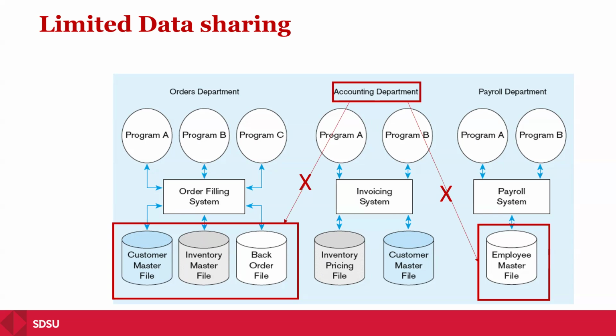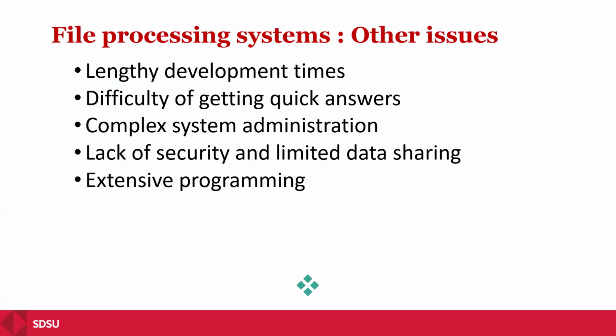So the accounting department needs to maintain their own version of the master file. Same for the back order file. If the accounting department needs back order files, they will need an additional copy for their own department, which will cause data duplication, data redundancy, and potential data inconsistency.